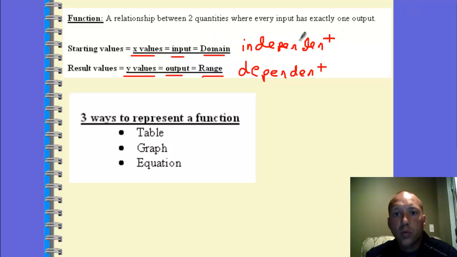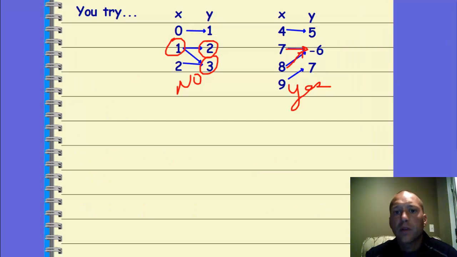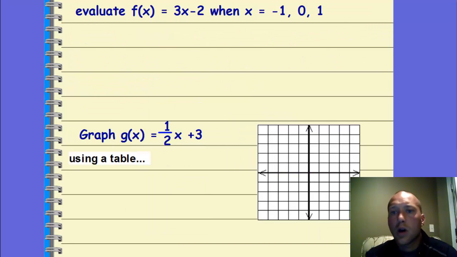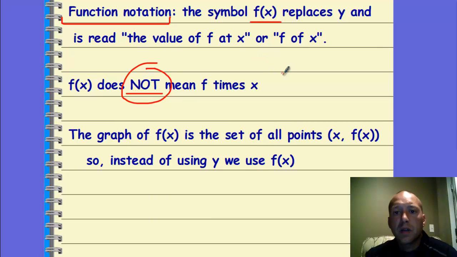And so that's another word to describe input, output, x, y's, independent and dependent. And that helps a lot with word problems when you're trying to figure out what axes they go on. So the independent is always the x, the dependent is the y, so which one depends upon the other.